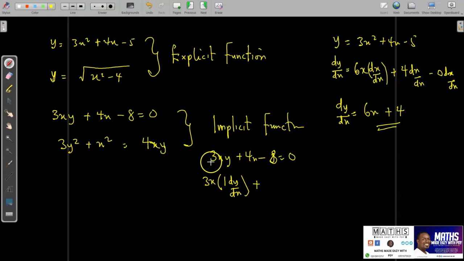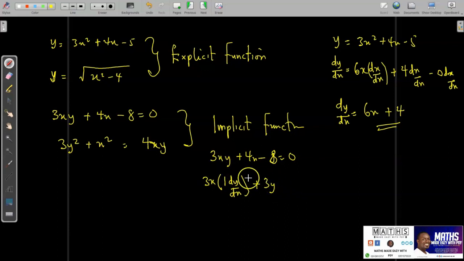What do you think will be the second function, please? Y. Not just y. Look at it carefully. What do you think will be the second function? 3y. It will be 3y, because the first function was 3x. Therefore, the second function will be 3y. Then we differentiate the x which is left in that function.